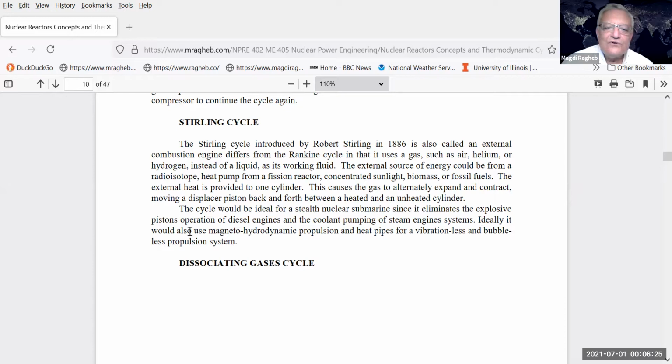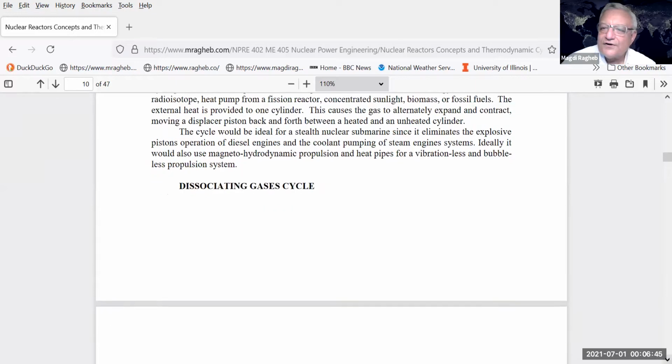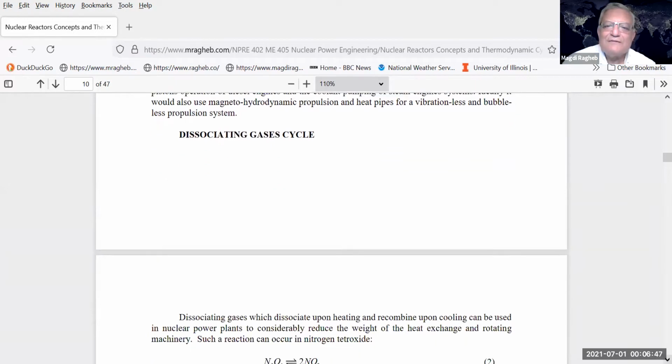Ideally, it would also use magnetohydrodynamic propulsion and heat pipes for a vibrationless and bubble-less propulsion system. And the Swedes built a submarine that uses that Stirling engine, hence it is totally silent and can sink aircraft carriers without being detected.